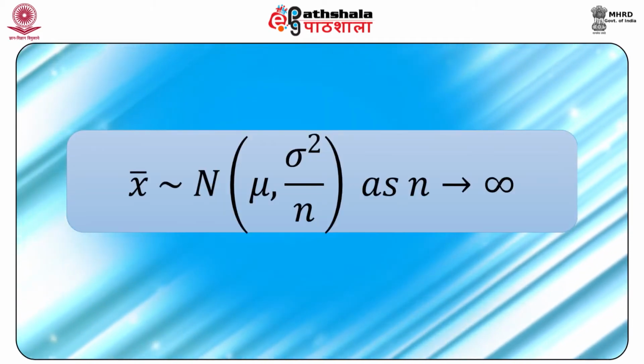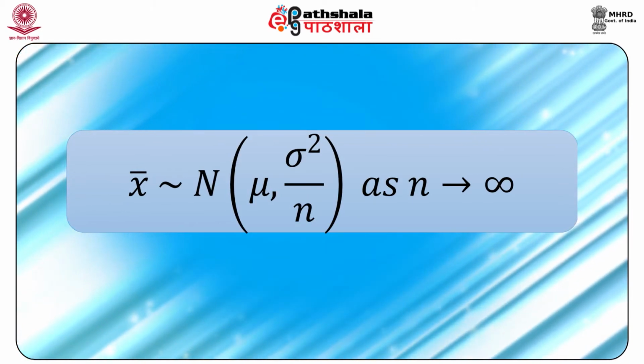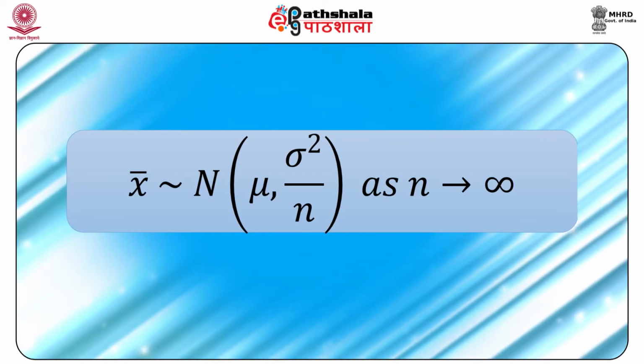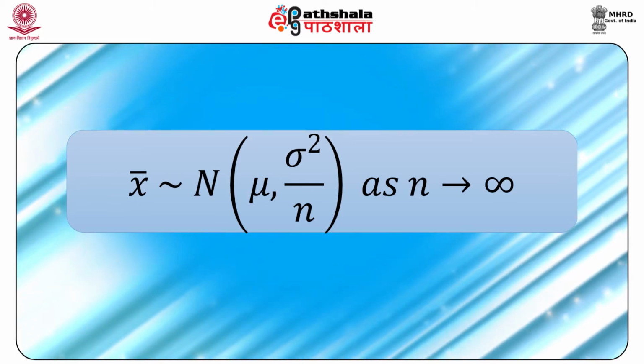Then the sample mean tends to a normal distribution with the mean mu and variance sigma square as the number of observations increases to infinity. In terms of symbols, it can be written as x bar is distributed with mean mu and variance sigma square by n, as n tends to infinity.